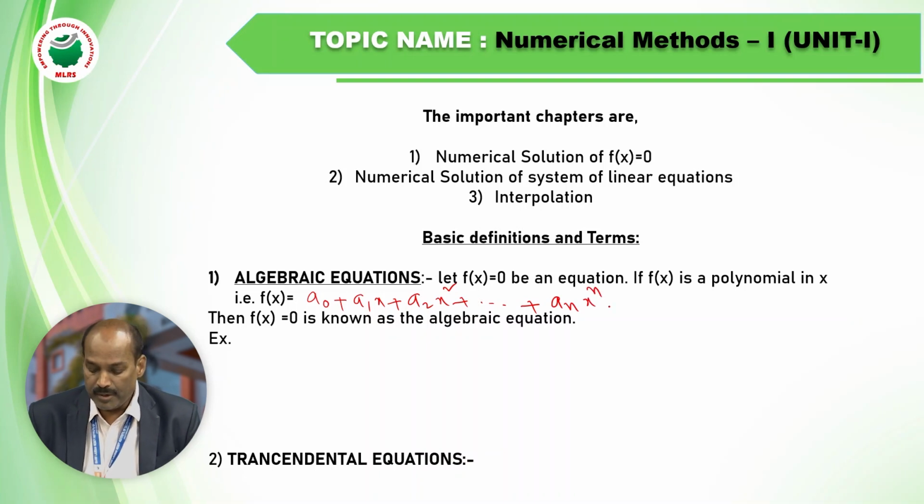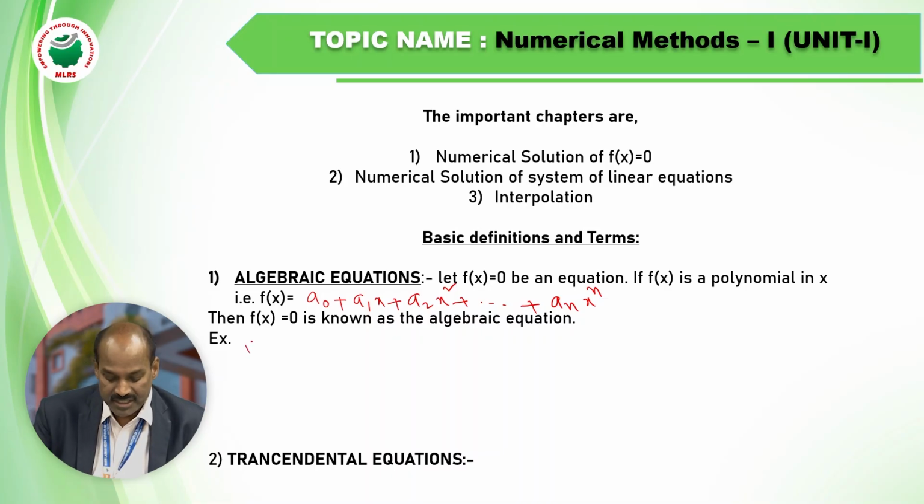So it is a polynomial in x, and here it is an nth degree polynomial, and here a0, a1, a2, so on, an are the coefficients or constants. So if the given equation is in this polynomial form, then it is called the algebraic equation.